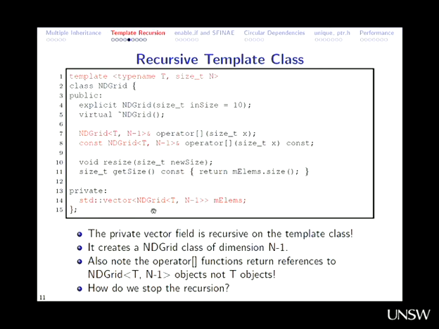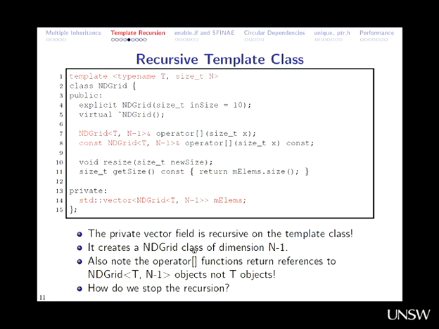So this compiles because this NDGrid here and this NDGrid here are different types. Because remember, with a templated class, you get a different type generated for each thing that it's wrapping. Okay? So this template is recursive. It's recursing on itself, okay, but with n minus 1, so it's generating a different type each time, okay?